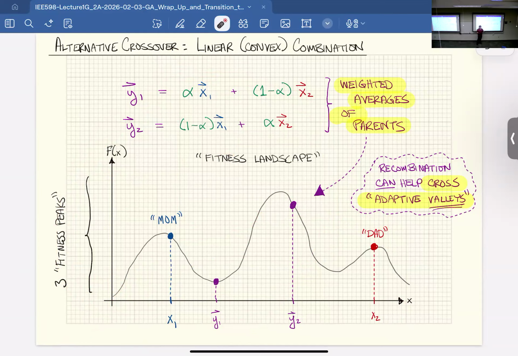But the question is, are there certain distances between the parents where you might have better recombination success than others? And it turns out that there is. It's kind of like a sexual compatibility, and in biology there are also versions of this.